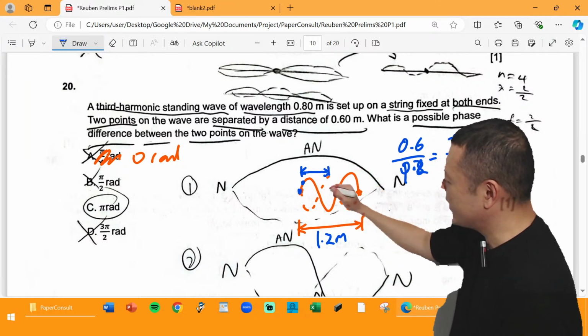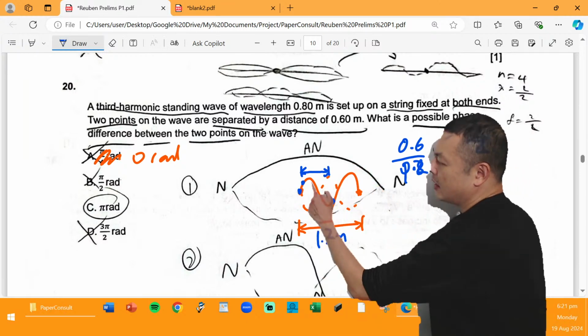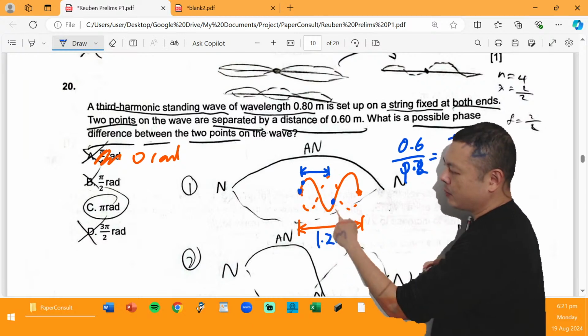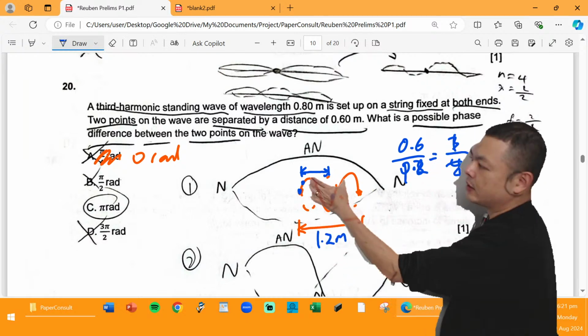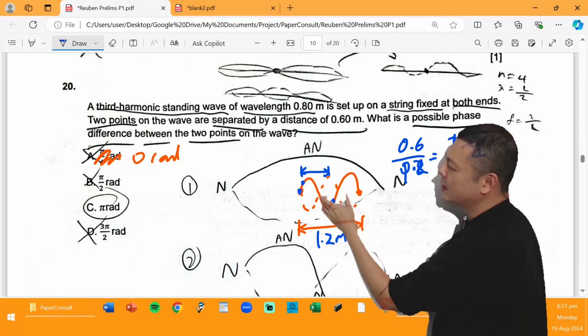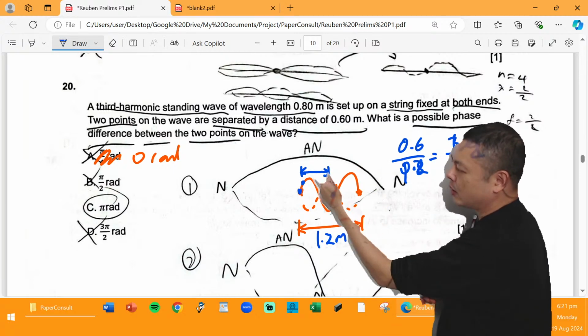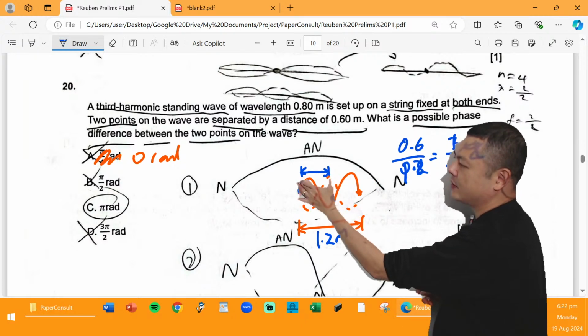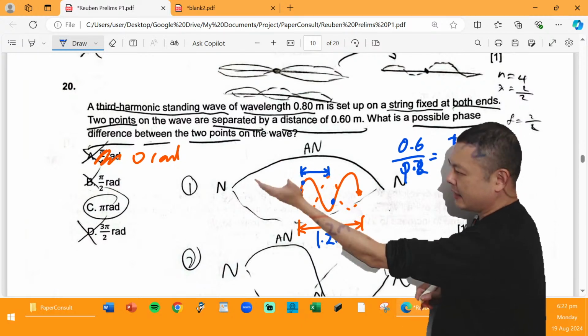So you're always stuck between the top one versus the bottom one, or the bottom one versus the top one, no matter where you shift this side to side. You will always get something on top and something on the bottom on both sides of the 0.6, and therefore it's pi radians.